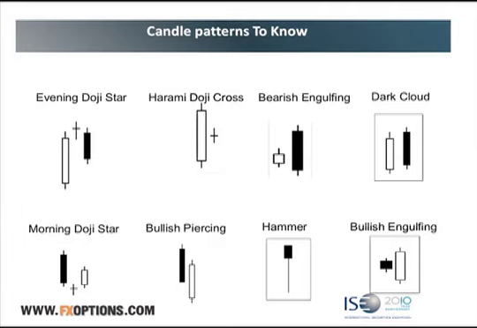But we do like to look for confirming indicators to give us at least some type of confirmation that perhaps a bottom is in. There are a lot of different patterns, and I'm listing some of the more favorite ones that I personally like to use and look for in my trades.